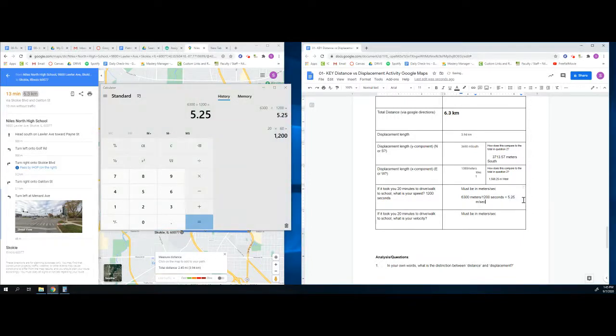And then to get my velocity, I'm going to take my displacement. And by the way, when you do this, you should be showing work like I am right now. So again, I want to keep this in, let's do 3940 meters over 1200 seconds.